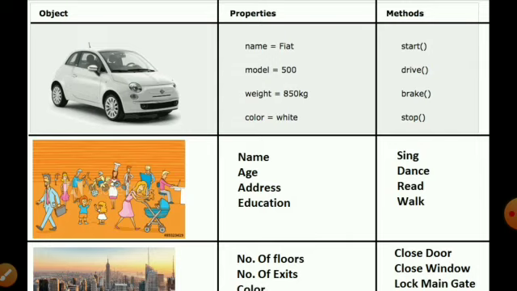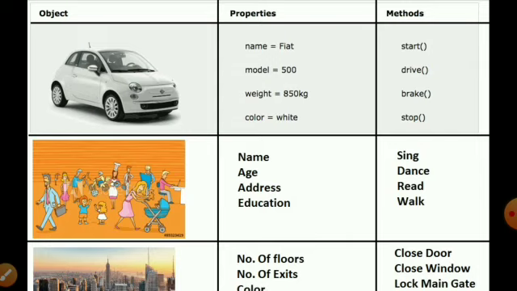And what kind of actions can a building perform? Look at the last column: close door, close window, lock main gate. The building can collapse, right? Change color, you can change the color of the building. These are the actions that a building can perform.